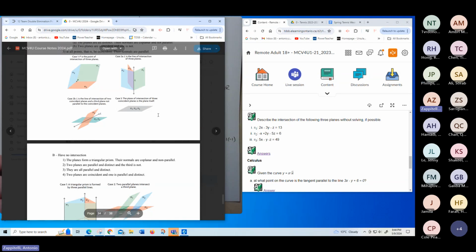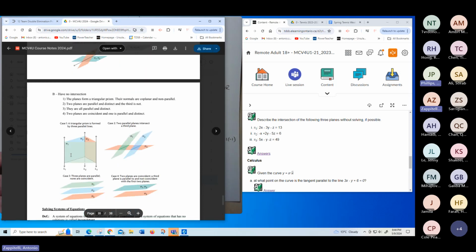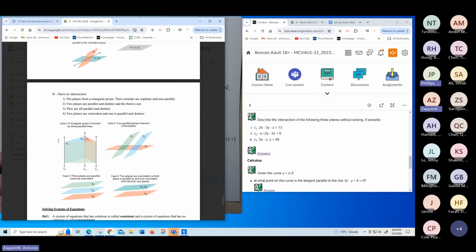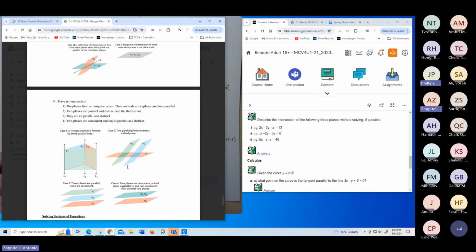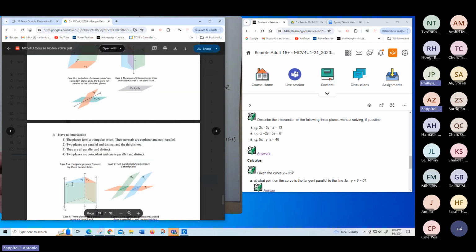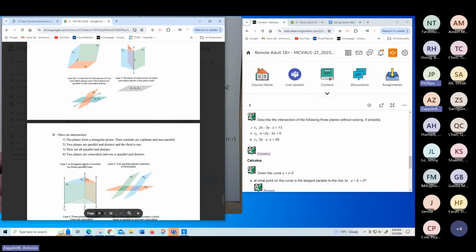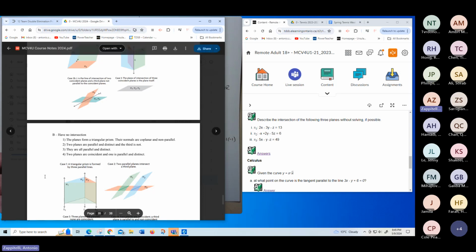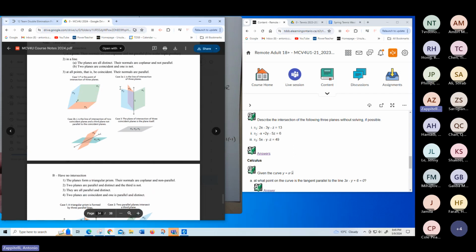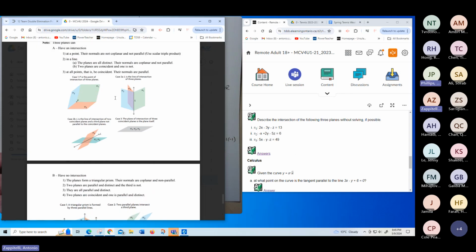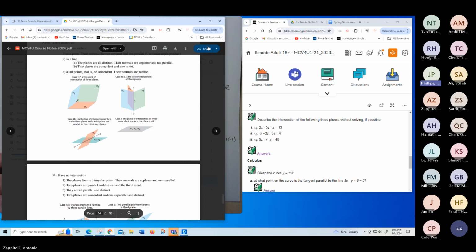If you were to look at this from above, it would kind of look like a star. Whereas this one here, if you looked at it from above, it would look like a triangle. So that's what those are representing. The triangle represents the scenario where the three planes form a triangular prism, and the star represents the scenario where they all intersect in a line.